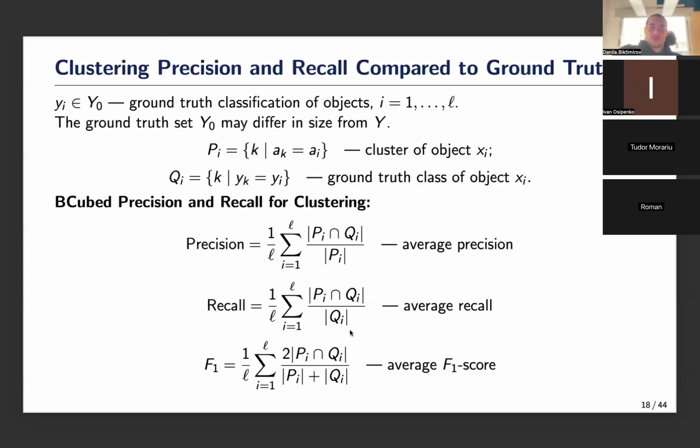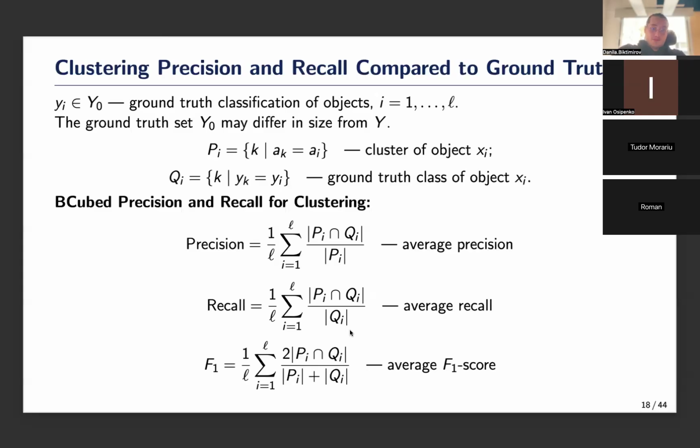So if precision and recall are high, the F1 score is high, meaning the clustering closely matches the ground truth. If either precision or recall is low, the F1 score drops, indicating poor clustering performance.